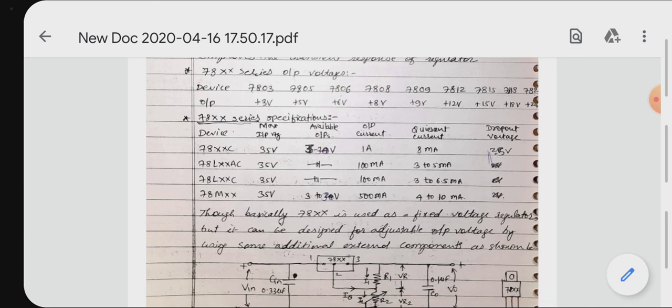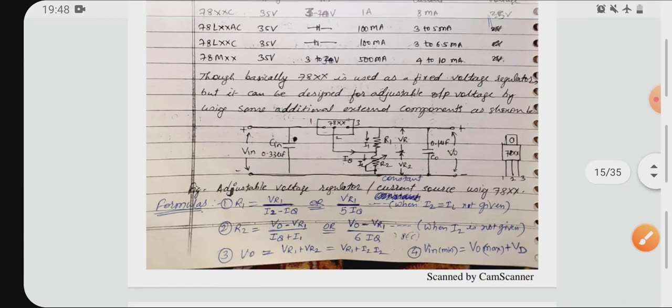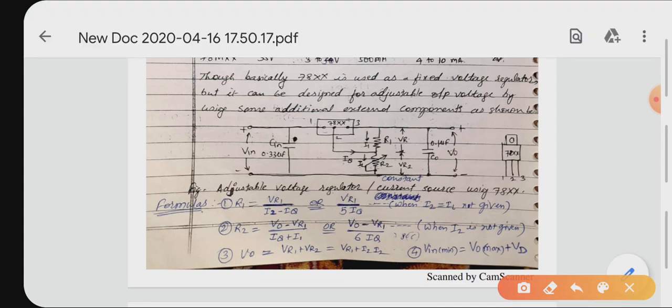What is quiescent current? Up till now we have seen that it is used as a fixed voltage regulator, but the 78 series can also be used as an adjustable voltage regulator, that means a variable voltage regulator. It is also called a constant current source with a slight arrangement like this. A voltage divider network, R1 R2, is used here.